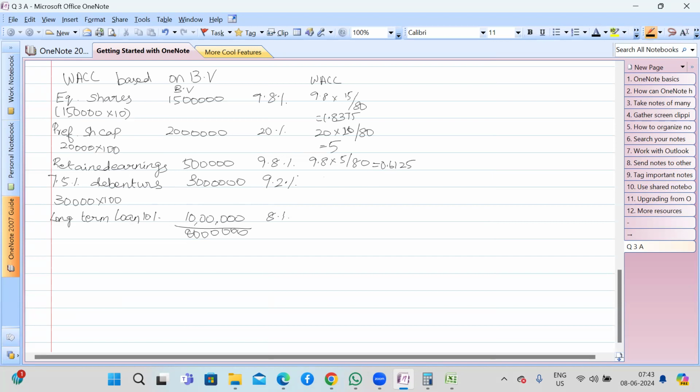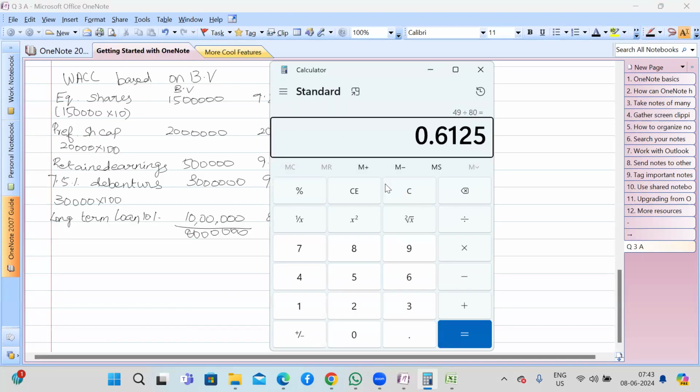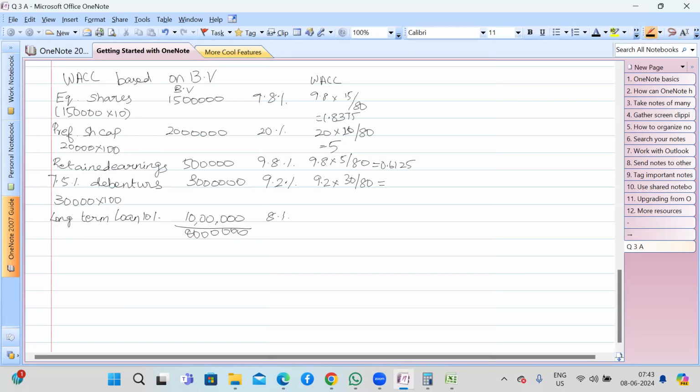Then 9.2 into 30 divided by 80 is 3.45. Here 8 into 10 divided by 80, so it will come to 1.